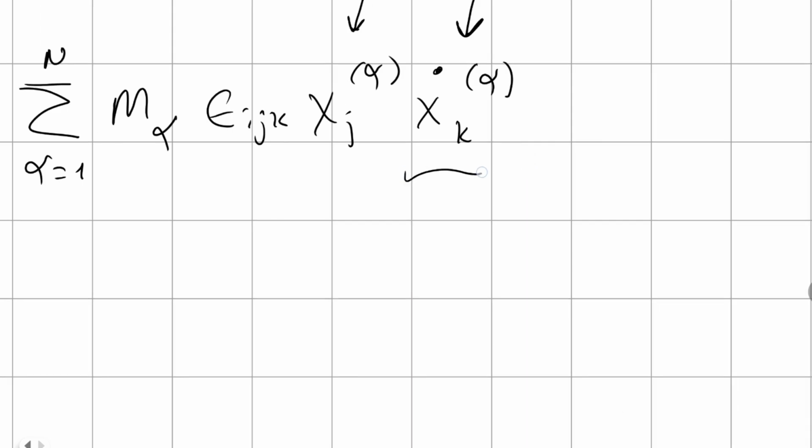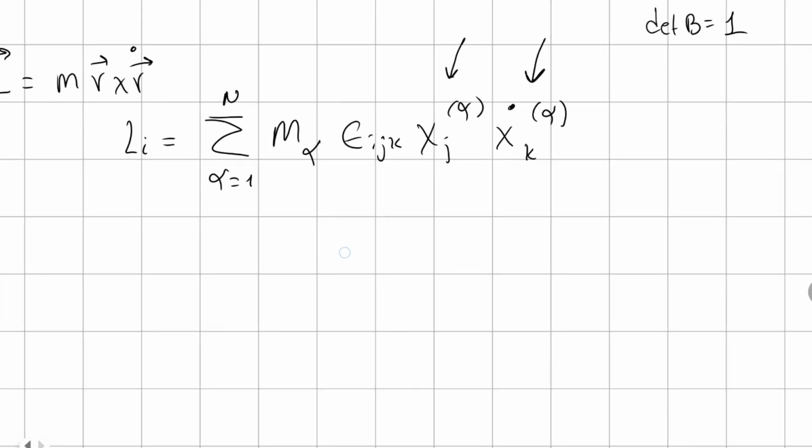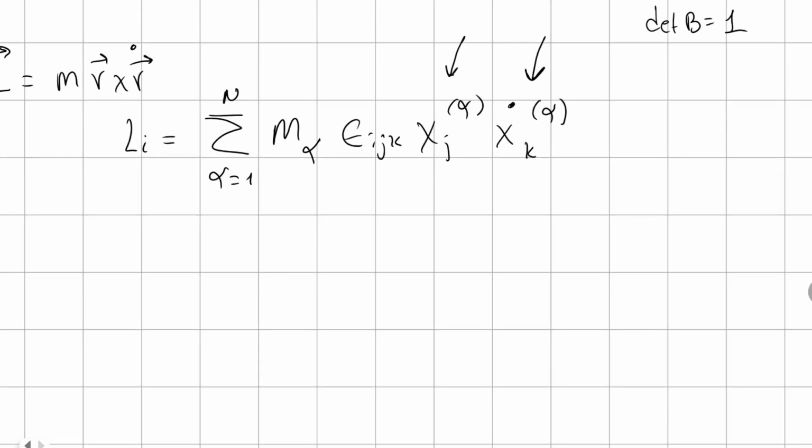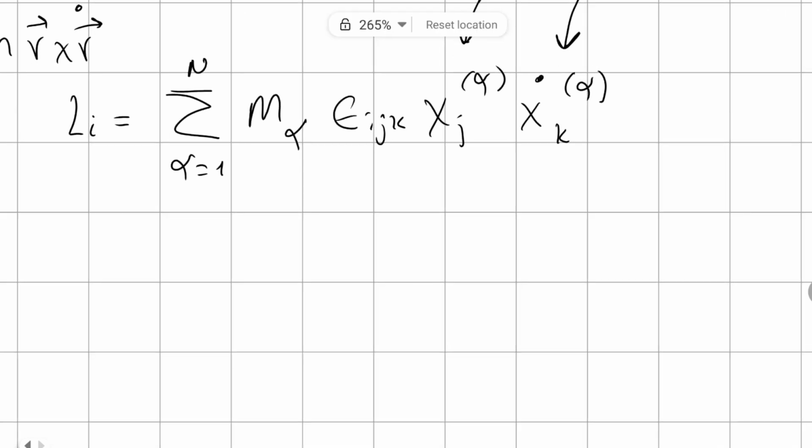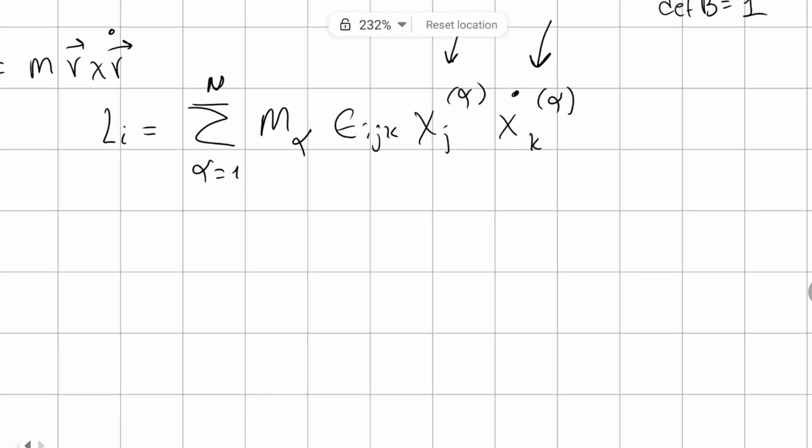And here we have a component for the velocity and here for the position. So this is like taking the angular momentum of one particle and then the other particle and then up to the n particles that compose the rigid body. Then we sum all those components of angular momentum to get the total angular momentum in the I component for the whole rigid body.